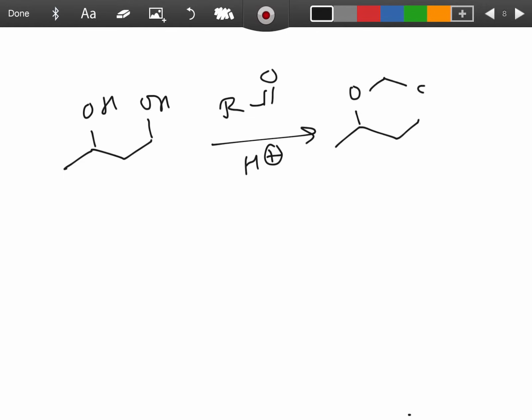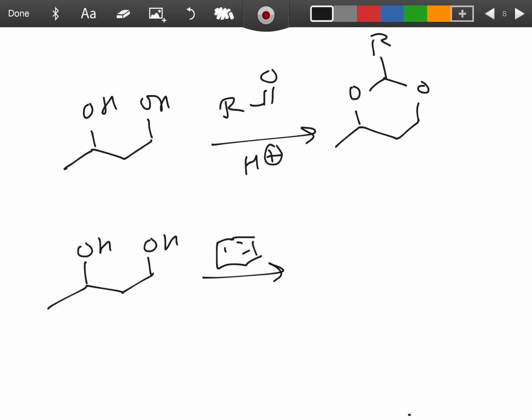And you made an acetal. They're not using an aldehyde, right? They're using another acetal. So they did it with this, LME, LME, and acid.